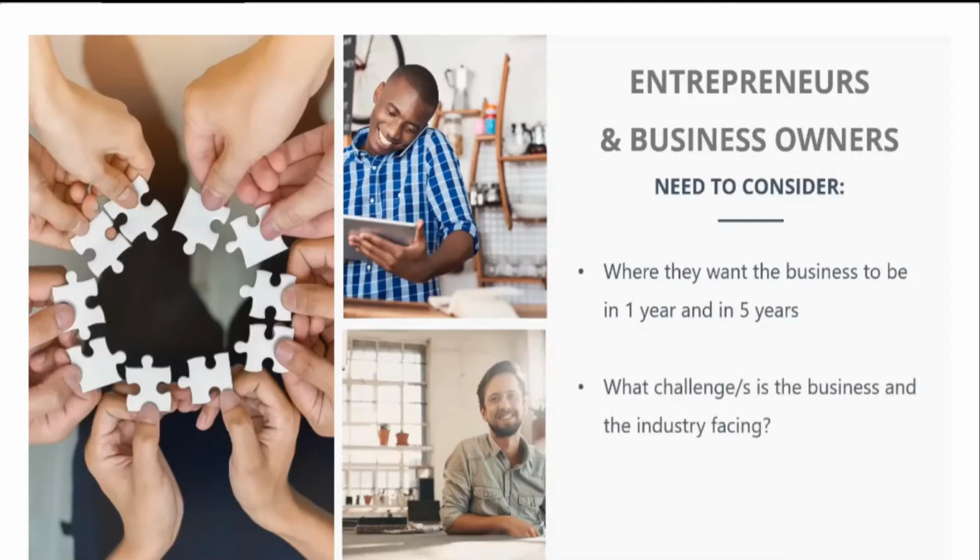Then what challenges is the business and the industry facing? It's incredibly important not only to look at the business, but the industry that it's in as well, because there are certain things that sometimes are or aren't in your control, and a business actually needs to adapt and change because of things that are happening in the industry as a whole.